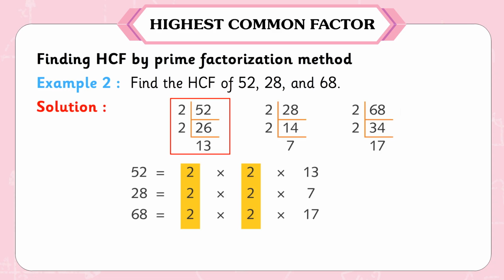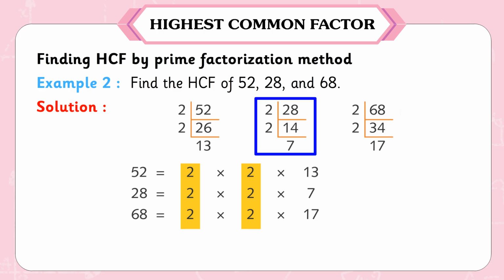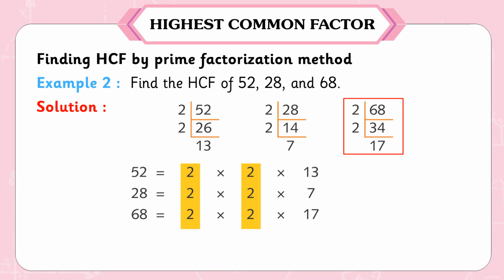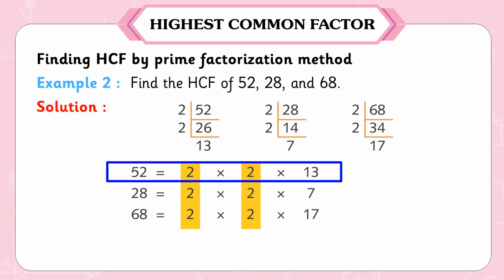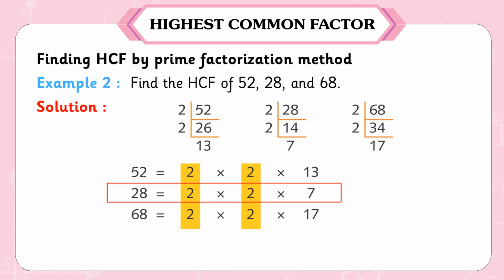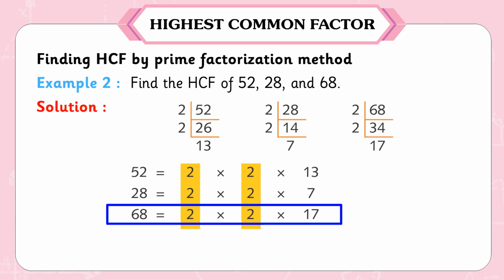Solution. 52 divided by 2 is 26. 26 divided by 2 is 13. 28 divided by 2 is 14, divided by 2 is 7. 68 divided by 2 is 34, divided by 2 is 17. 52 is equal to 2 into 2 into 13. 28 is equal to 2 into 2 into 7. 68 is equal to 2 into 2 into 17.